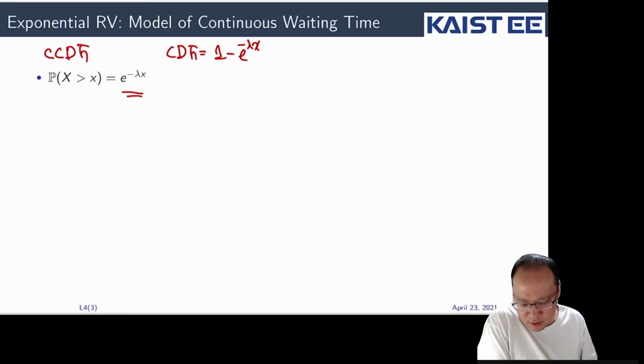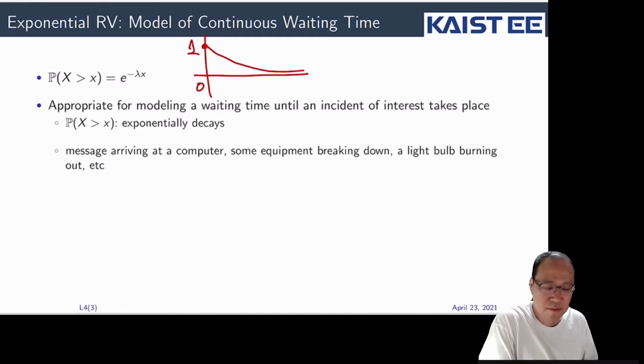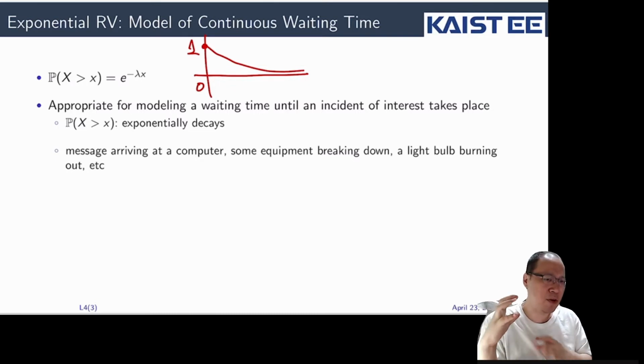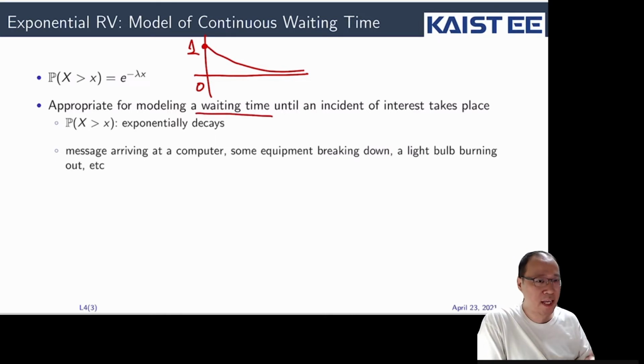If we look at this CCDF, the probability that X is larger than x is a decaying function, which is 1 at 0 and decays exponentially. When we have this kind of exponentially decaying CCDF, you can see that this random variable is very appropriate for modeling a waiting time, because we don't want a long waiting time.